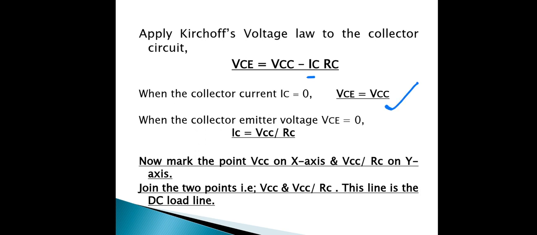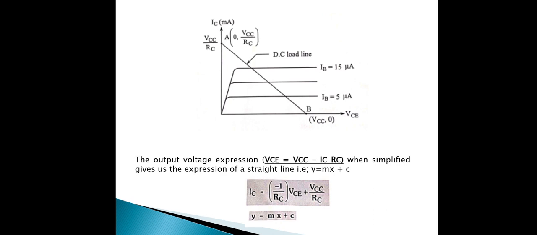Once again I repeat, in the first case, if you make the collector current IC equal to 0, then we'll get to know the maximum value of VCE. So when you make IC equal to 0, VCE will be equal to VCC.